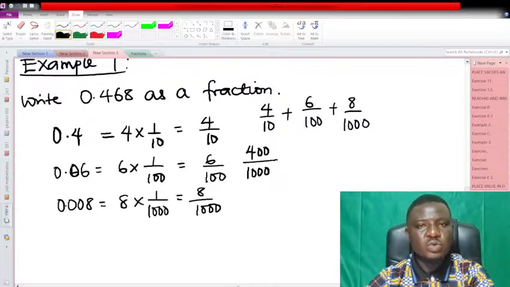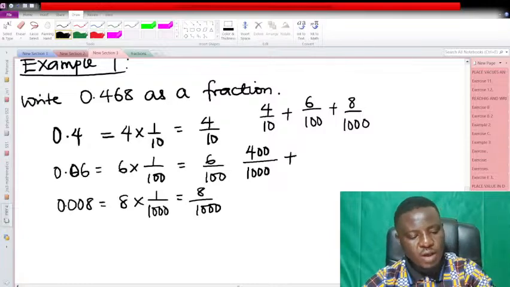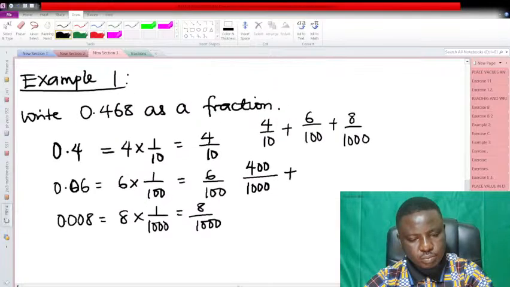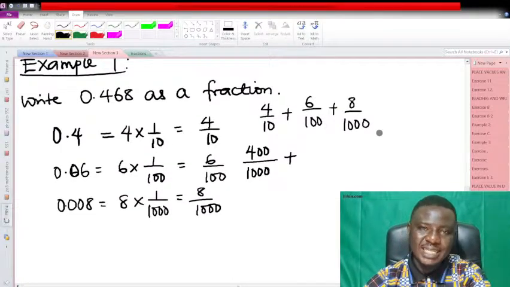Now, why do we do the same to the numerator? So as not to change the sense of the fraction. Because if you simplify this, it will still give you 4 divided by 10, because these 2 zeros will equally cancel out these 2 zeros. Now, to 6 over 100, what do we need to do? We need to multiply both the numerator and denominator by 10.